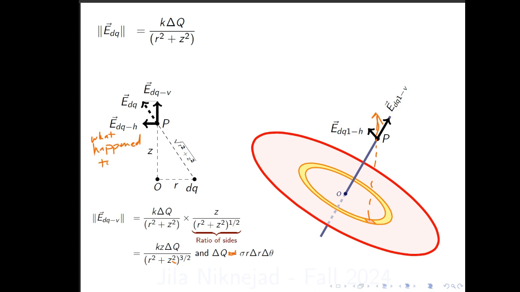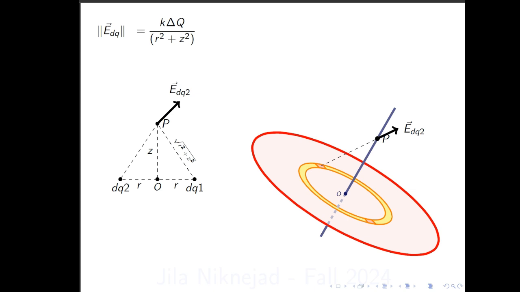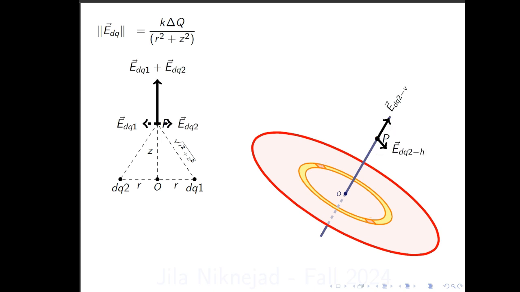So you might ask, what happens to the horizontal component of E dq? We have to remember that there is a symmetrical piece of charge, a small infinitesimal piece of charge, and the field that this other symmetrical piece creates has the same magnitude of horizontal component in the opposite direction.